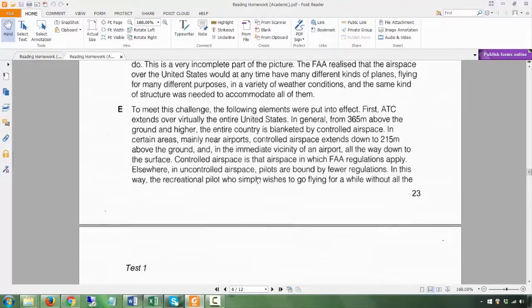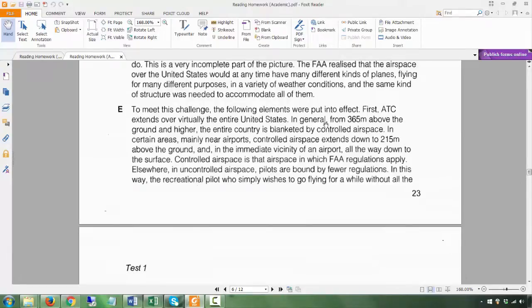All right. So altitude is the height. Okay. The zones. Okay, so basically here, to meet this challenge, in general from 365 meters above blah blah blah, is blanketed by controlled airspace. In certain areas, mainly near airports, controlled airspace extends down to 215 meters above ground.